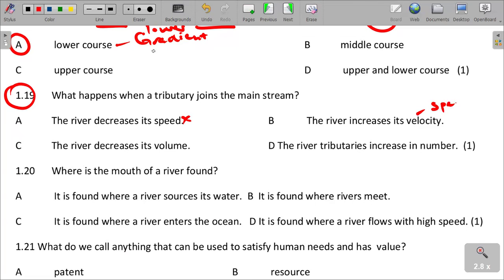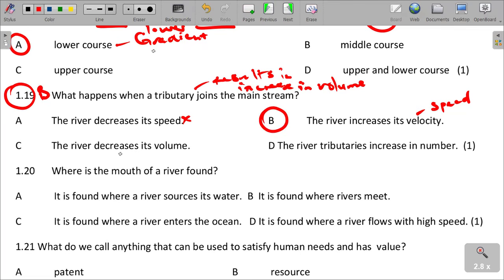Velocity is speed. Speed increases as volume increases. A tributary joining results in an increase in volume. So when volume increases, speed increases, which means the correct answer is B.